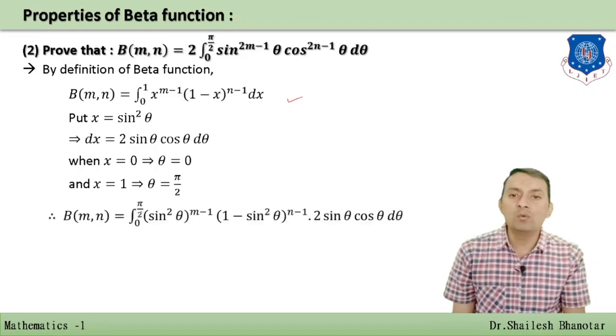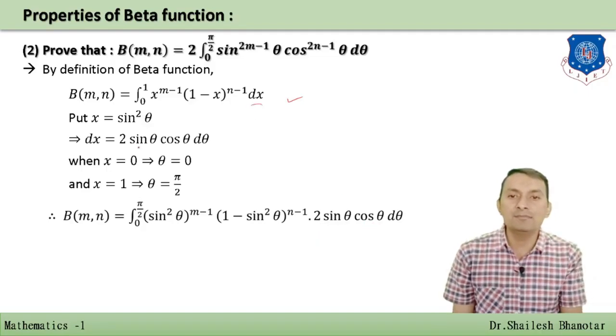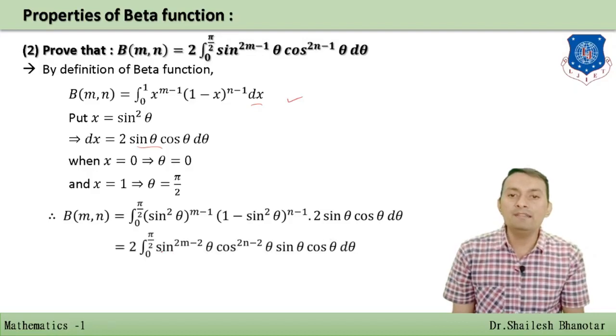So beta(m, n) is equal to the integral from 0 to pi by 2, and in the reduced form x is replaced by sin square theta raised to m minus 1, 1 minus sin square theta raised to power n minus 1, and 2 times sin theta cos theta d theta, because dx is nothing but this. When we simplify, we can write 2 times the integral from 0 to pi by 2 of sin square raised to power m minus 1, which is sin raised to 2m minus 2.